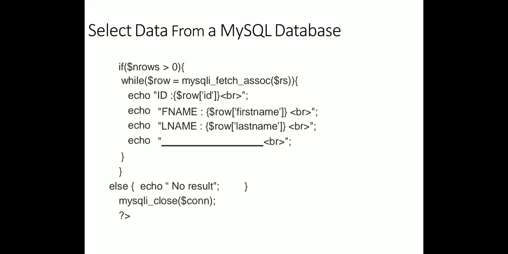And if this is not correct, that means if $nrows is not greater than 0, there is no record present or the result is not able to be fetched. So it will display echo no result and it will end the established connection with the function mysqli_close of the connection.